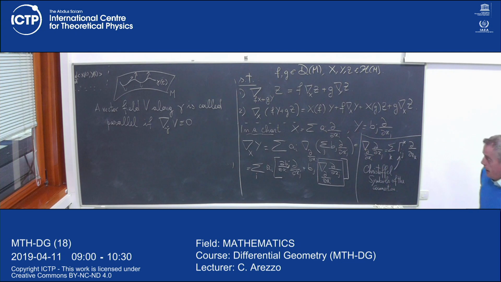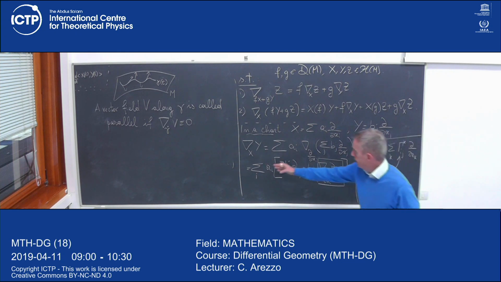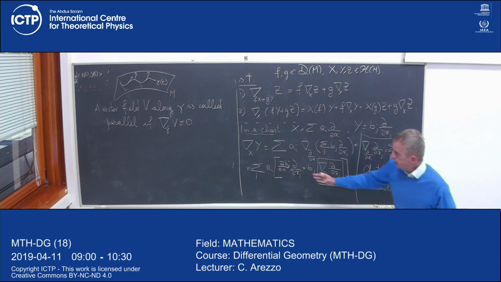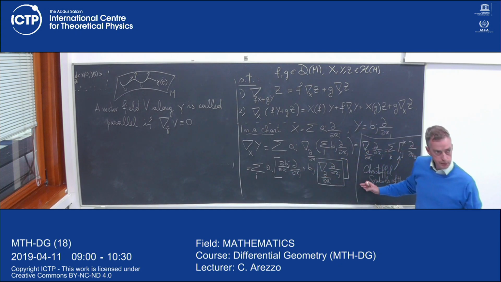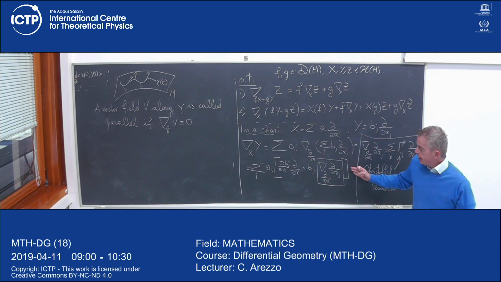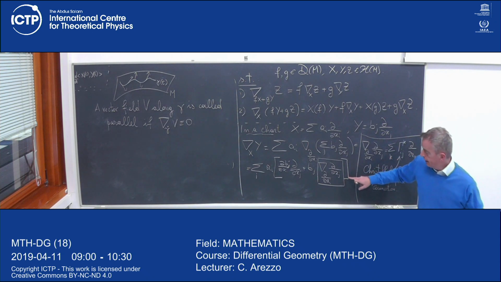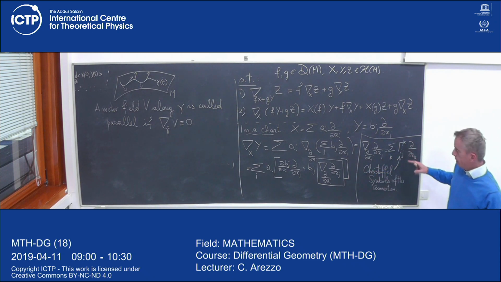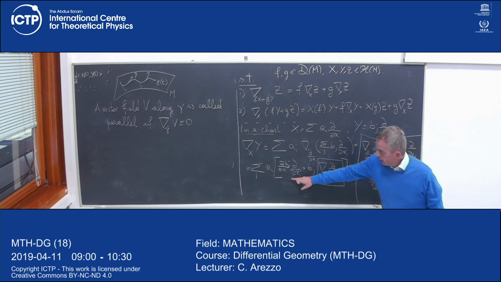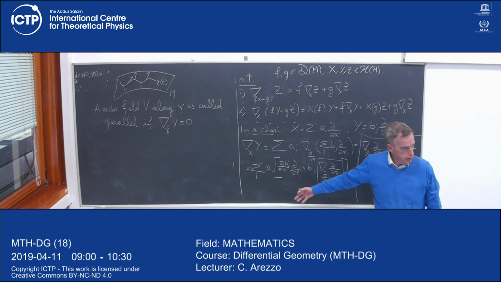Now, imposing that this, nabla XY, is 0, you can use this expression here. I could have added another line, because I write it in terms of the basis d/dx^i. And a vector is 0, since this is a basis, if and only if every component is 0 with respect to this decomposition.